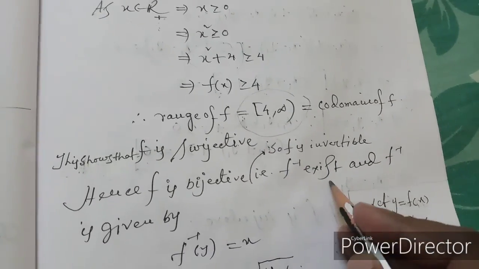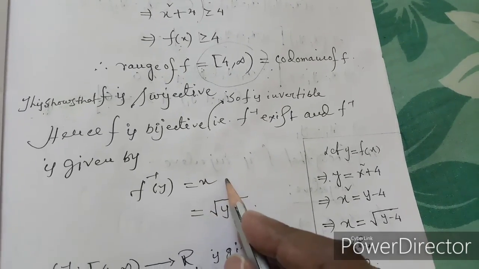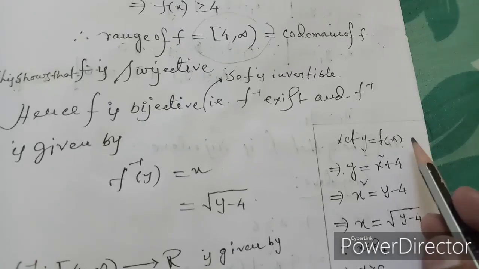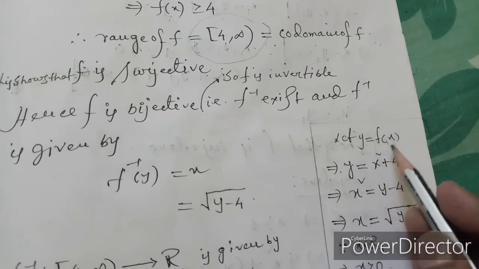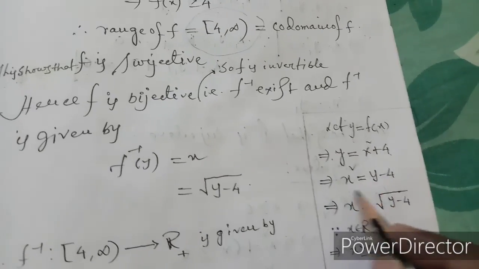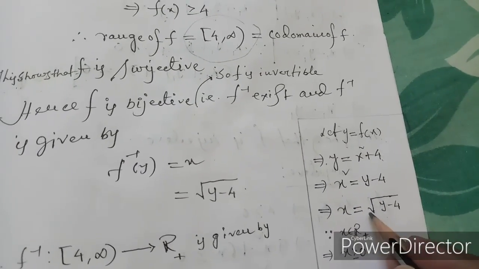That is, f inverse exists, and f inverse(y) = x. Now we consider y = f(x), since the function is surjective. What is the value of x? f(x) = x squared + 4, so x squared = y minus 4. So x should be root under y minus 4. We cannot take plus minus.